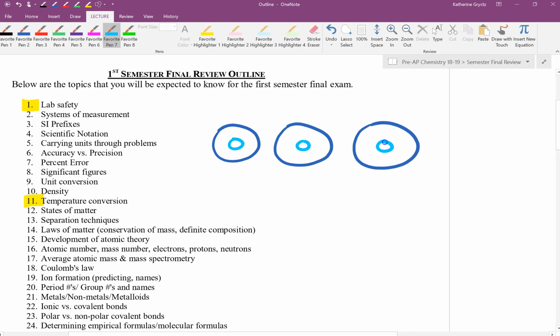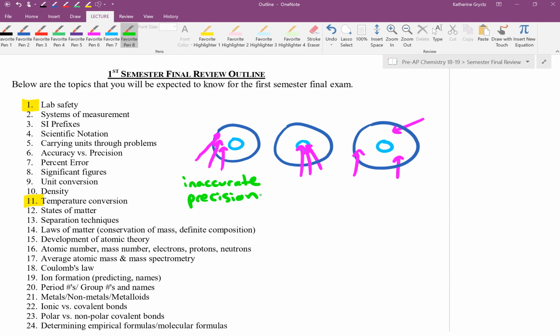If we had a dartboard and there's our bullseye, and someone threw 3 darts there, 3 darts there, and 3 darts like this. This person is not accurate, but they are precise. Precision is about repeating something, so they were able to repeat the same thing every time, but they just didn't hit where we wanted to hit.